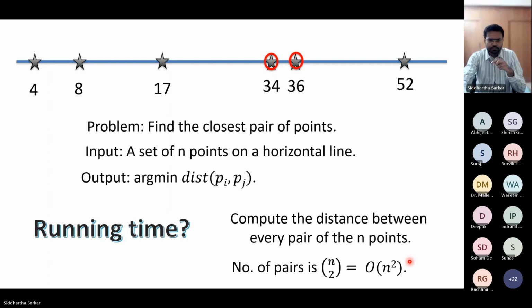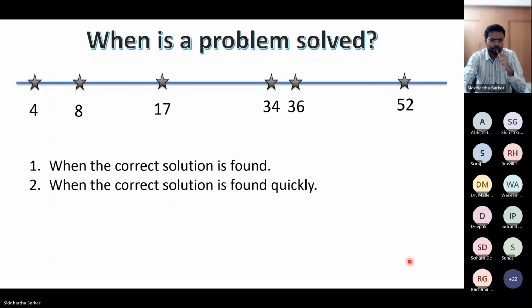So the question is, is the problem solved? We have definitely found the correct solution. We know for a fact that we have this algorithm that compares every point to every other point, computes the pairwise distances, and then outputs the pair of points that realizes the minimum distance.